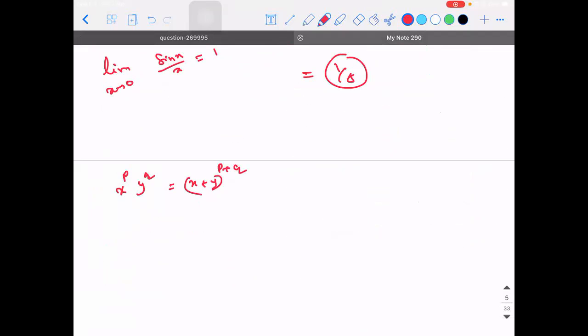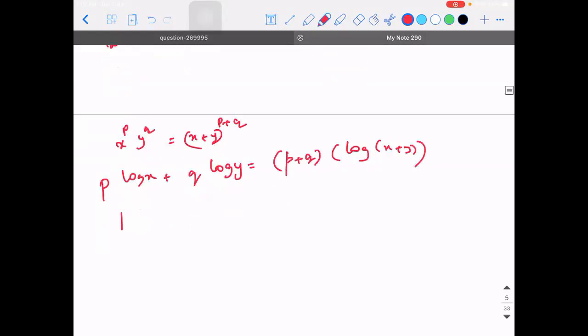So if you take log on both the sides, then p log x plus q log y is equal to (p plus q) into log of (x plus y). So differentiate on both the sides. p by x plus q by y into y dash is equal to (p plus q) divided by (x plus y) into (1 plus y dash).